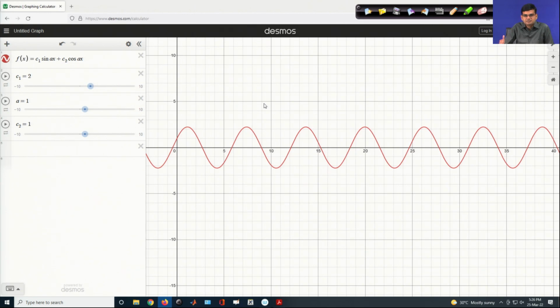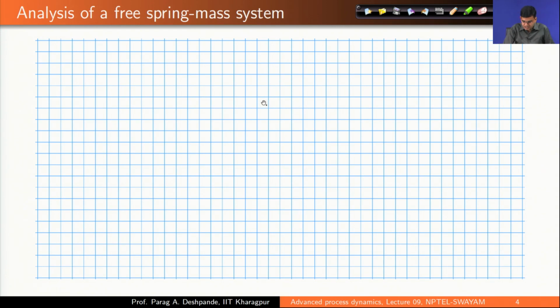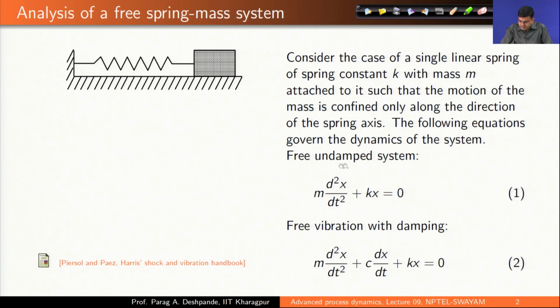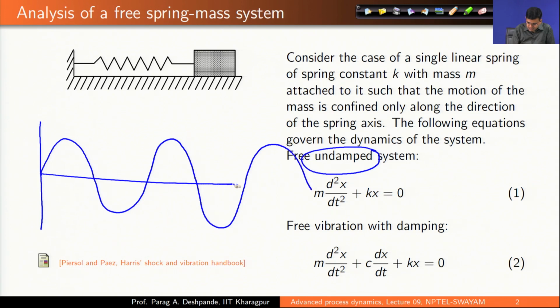And that is why we call the system an undamped system. The system is called undamped because there is no damping. If I have a vibration or oscillation of a certain magnitude, then in time this magnitude is going to continue with the same amplitude. Therefore, there is no damping in the system.